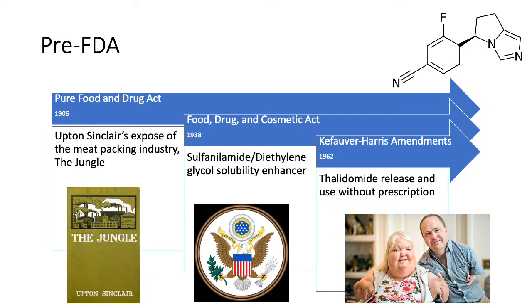Now, after that, the Food, Drug and Cosmetic Act of 1938 came out as a result of the manufacturing of sulfanilamide and the incorporation of a dangerous solvent in it. Diethylene glycol was used to solubilize sulfanilamide, and it has high toxicity.